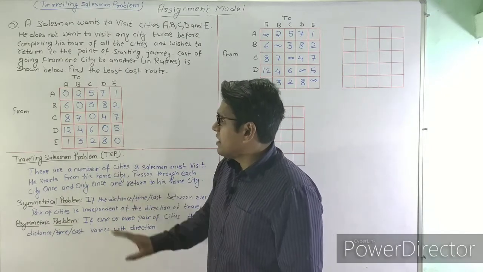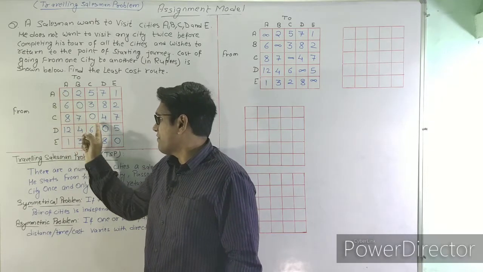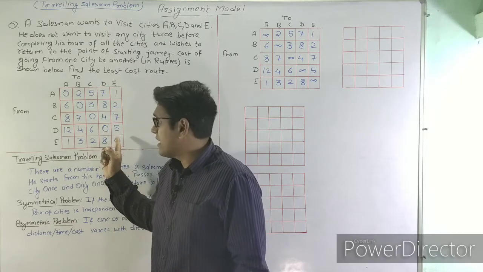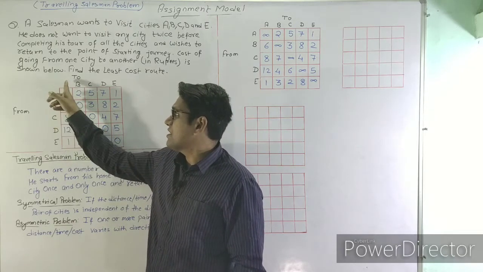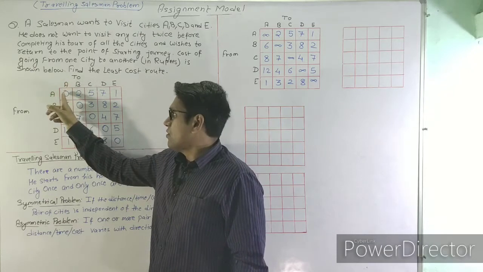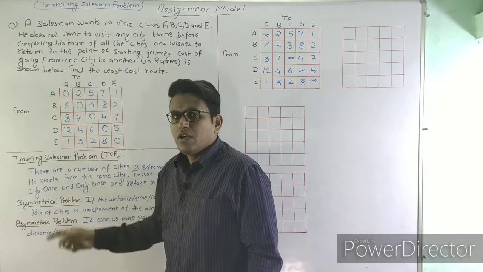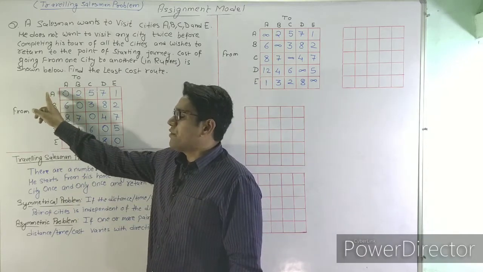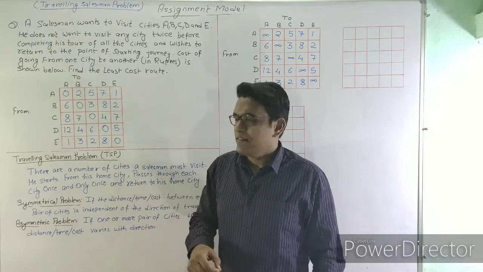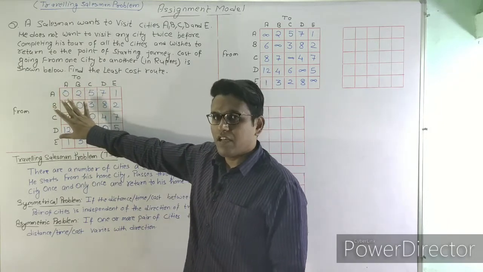As we can see here, there are already 5 zeros, which represent that the cost of going from city A to city A is 0. Similarly, B to B is 0, C to C is 0 and so on. We know that the salesman cannot go from one city to the same city as it is prohibited, and we do not take this value into consideration.